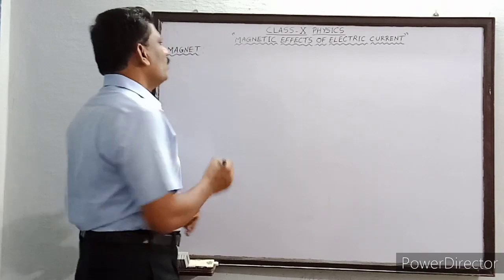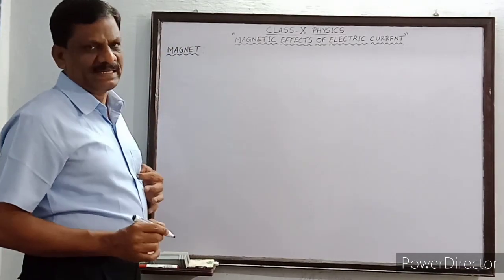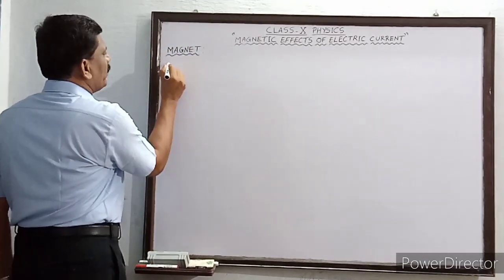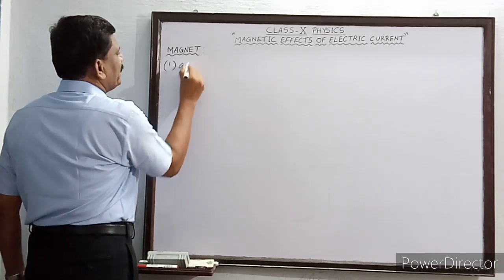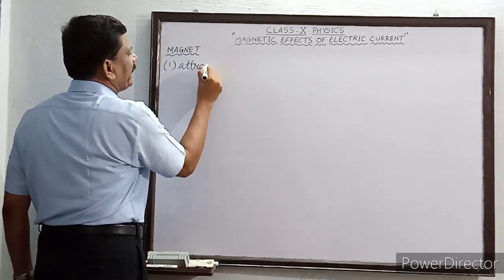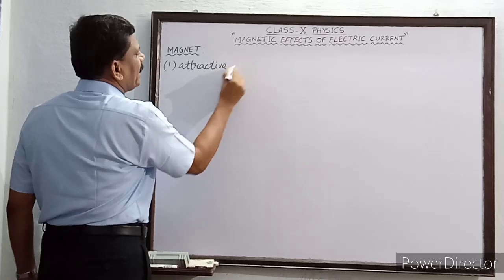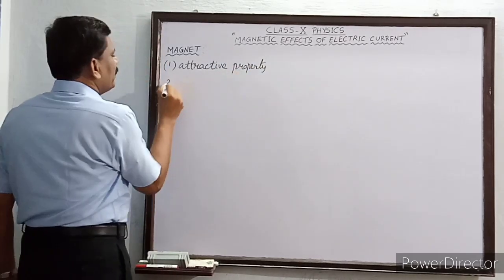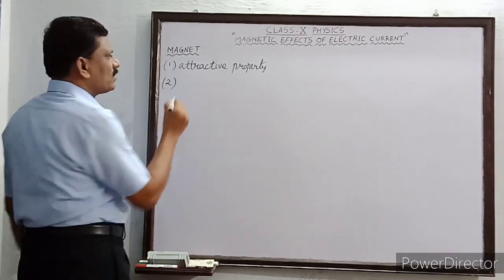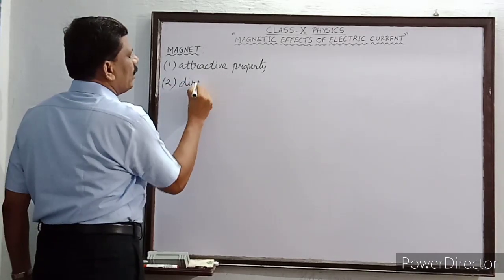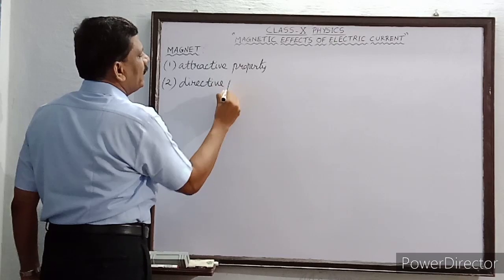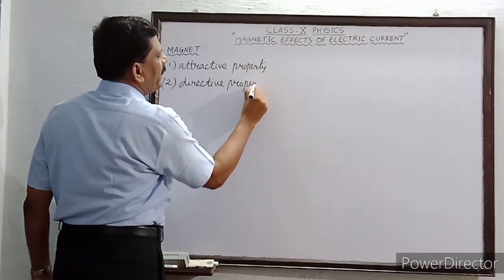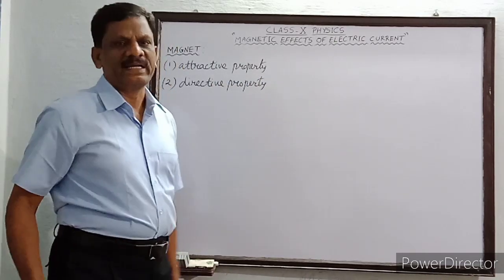So these are the two basic properties of the magnet. What is the first property? It is the attractive property. And what is the second property? When it is suspended freely, it shows the direction. So that is called the directive property.